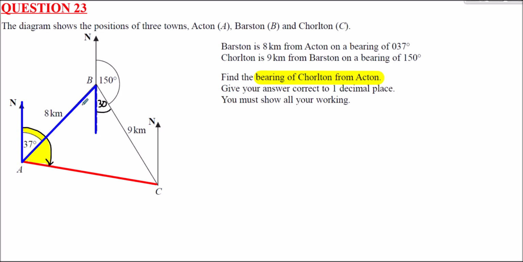And so if that's 37 degrees, we can say this angle too must be 37, because alternate angles are equal. So the angle at B, angle ABC, is 37 plus 30, which is 67 degrees.